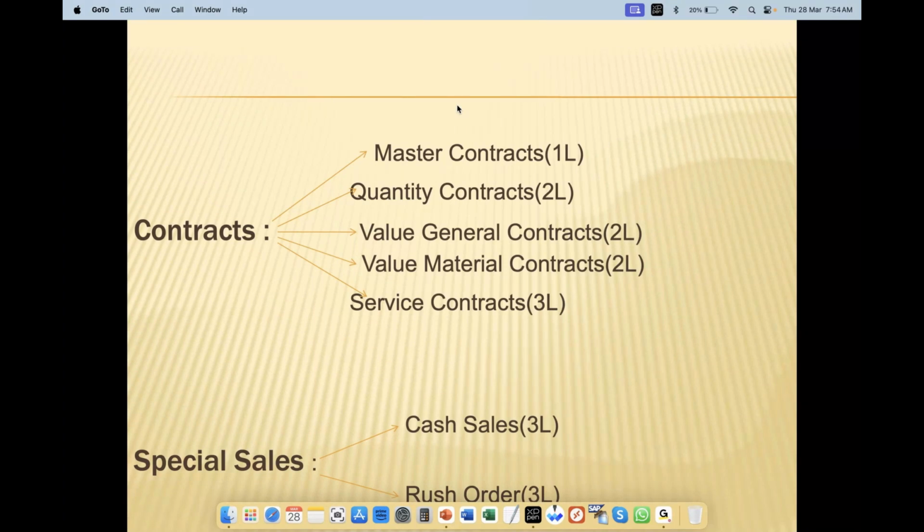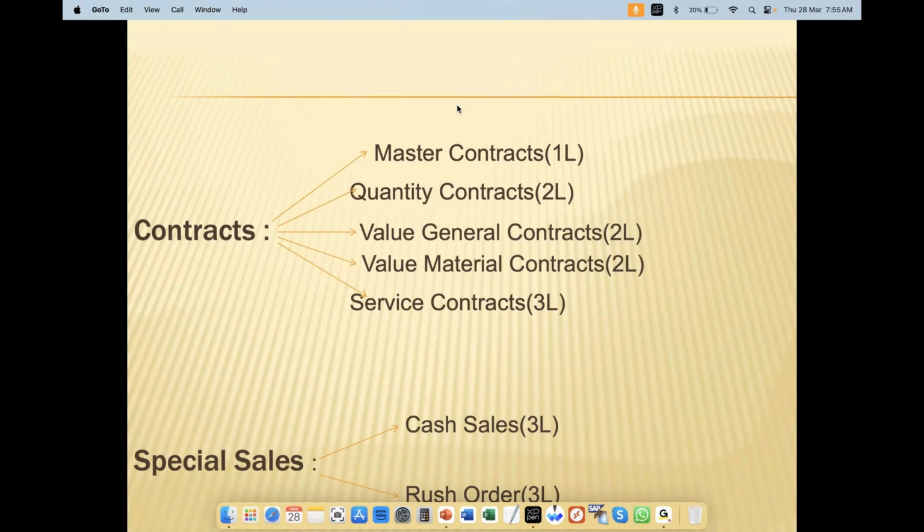A contract is undersigned between two parties with agreed terms and conditions. And here we have types of contracts. Master contract. What is master contract? A contract undersigned between two parties with just agreed terms and conditions.